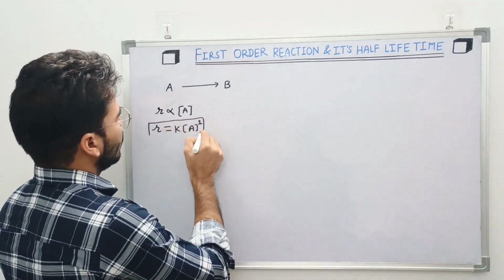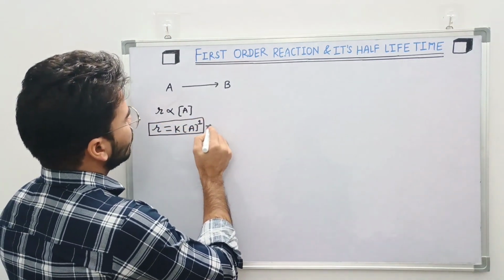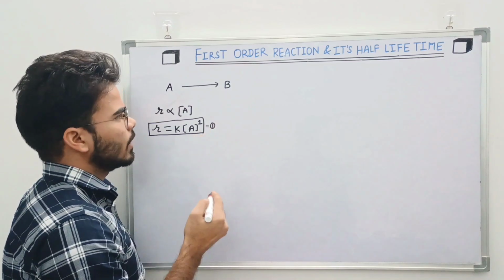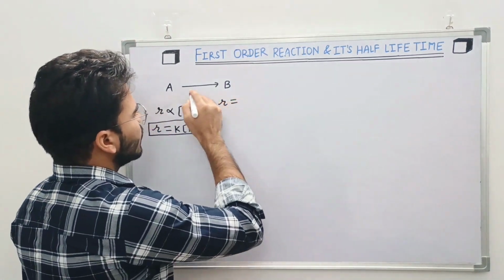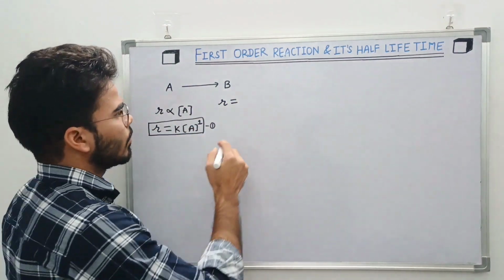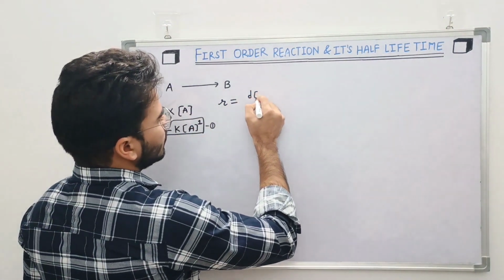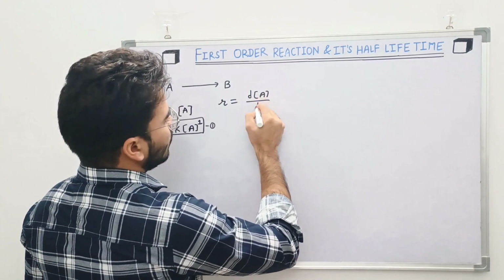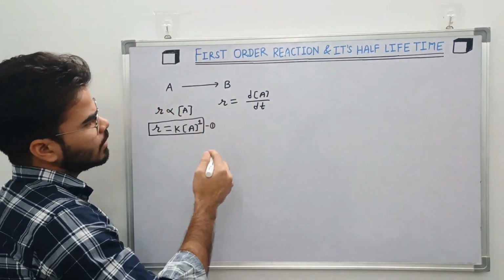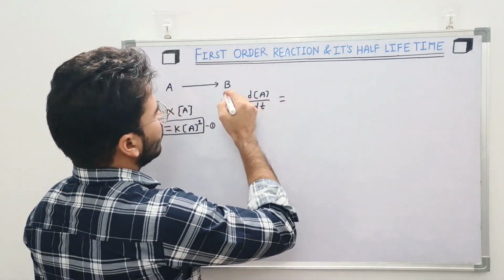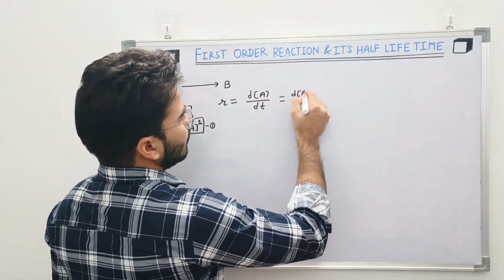We can also write the rate for this chemical reaction in another way. We know that rate is the change in concentration with respect to time, so change in concentration means dA upon dt. Here the reactant is being consumed into the product, and for the product we can also write dB upon dt.